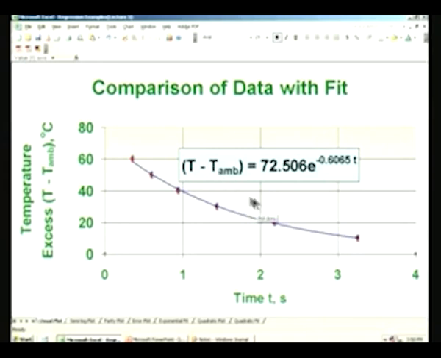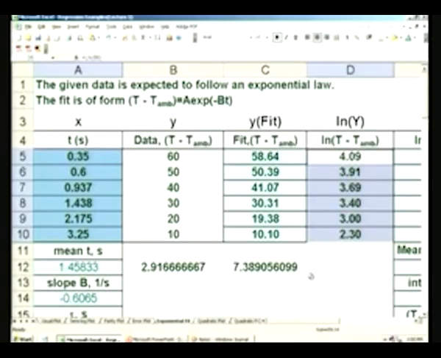And in fact the exponential relationship is t minus t ambient equal to 72.506 times e to the power of minus 0.6065 t. This comes from the constant and the slope parameter, and the two of them are going to come out like that. In fact, I am going to show you how I do that.